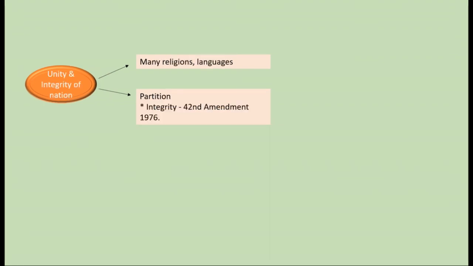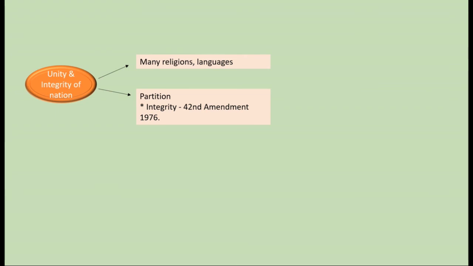Thirteenth, unity and integrity of the nation. In India, people are divided on the basis of language, caste, religion. Apart from this, partition further divided the people and caused sufferings.